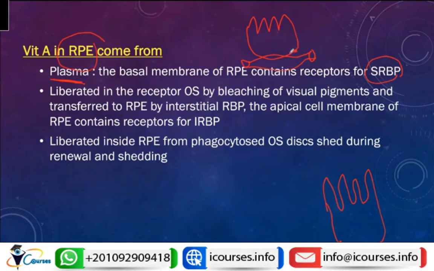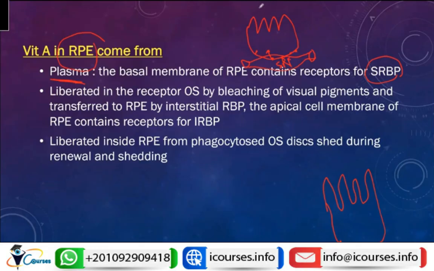The basal part of the RPE cells has receptors for the serum retinoid binding protein. So if there is serum retinoid binding protein in the circulation, this will lead to its entering the RPE cell.